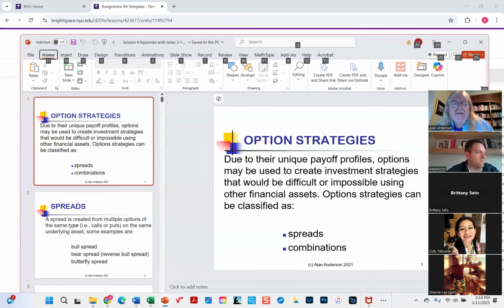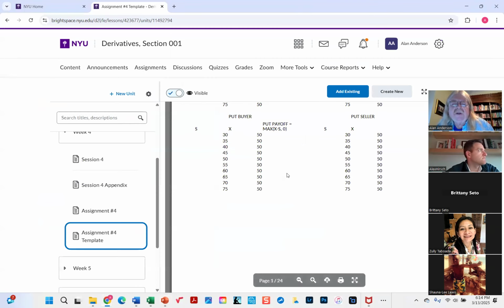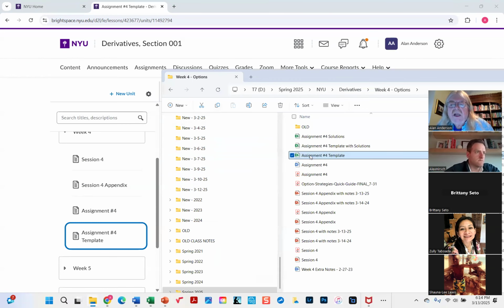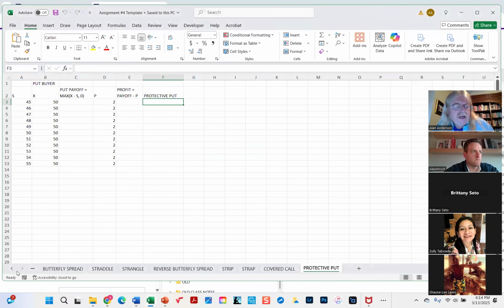So all right, anyway, we can get back. The assignment template is there, and if you look at it carefully, you'll see that it's got a lot of labels. It'll make no sense to you until we get to that part of the chapter.